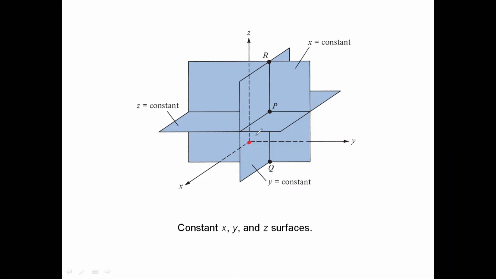Now there are three sheets of the same size placed in three different planes. One sheet has been placed in one plane. Let me take this plane. This surface has been placed in the ZY plane.